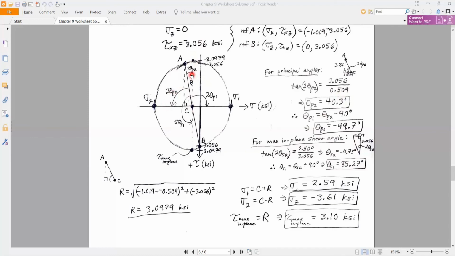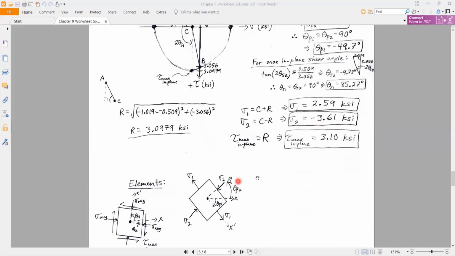Or you can look at it from your first principal, and there should also be 45. So this is how, if you find one angle, you can get the others. Or what I would suggest is do it a couple times, make sure you calculated it right, compare your values, and make sure they're related as they should be, according to your circle and according to our elements, just like this.